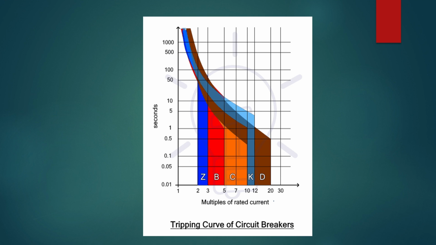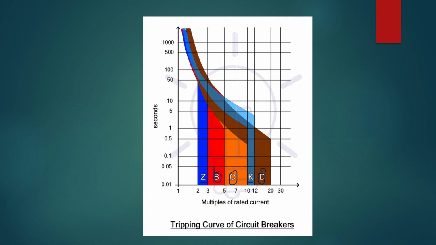Now let's have a look at this merged graph. It shows all types. We have already looked at B, we looked at C, and we looked at D. We have here Z and K, which we will take in the next slides. We will understand these types because these are molded case circuit breakers, but the concept is exactly the same.